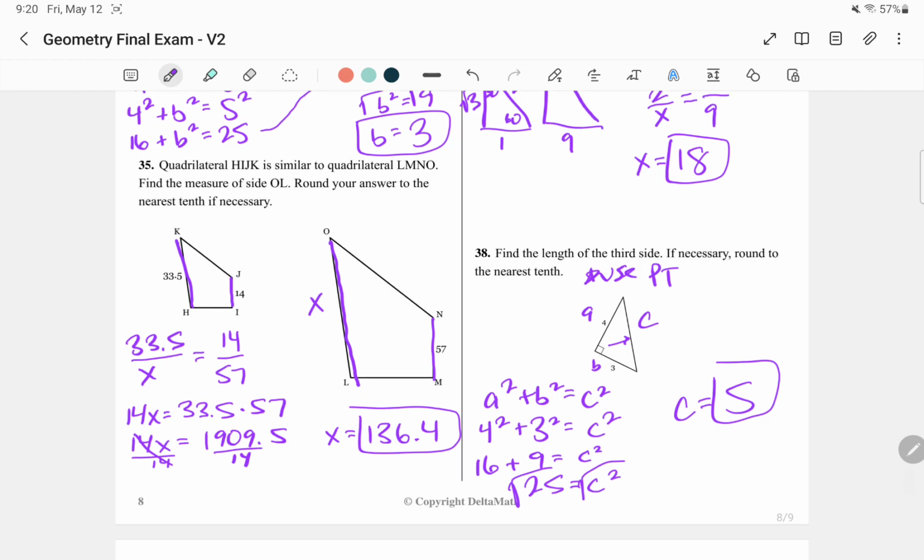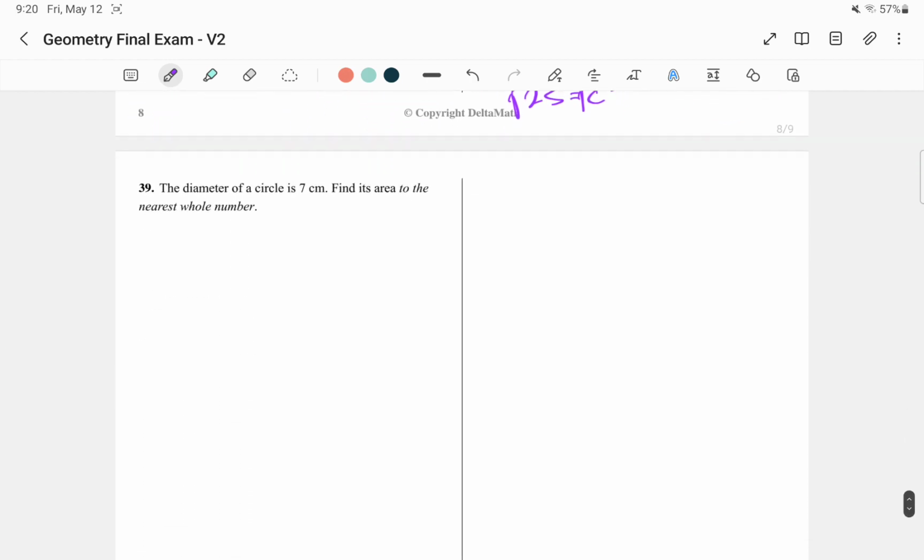All right, we're almost there. 2 more. So the diameter of a circle is 7 centimeters. Find the area. So our area formula is A equals pi r squared. See how it doesn't give us the radius, it gives us the diameter. So we have to think about it. If the diameter is 7, what is our radius? It's going to be half of this, which is 3.5.